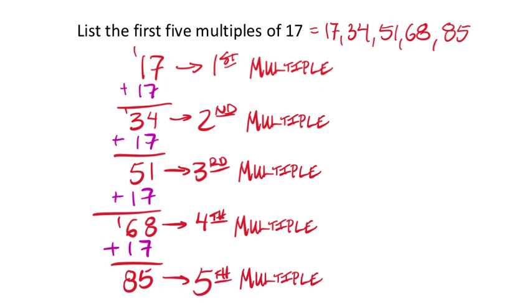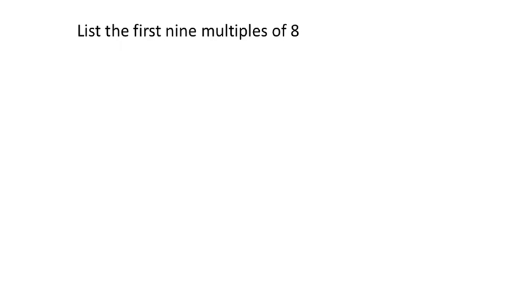Now, if we want common multiples, it's possible that you may have to go beyond this, and that's okay if you do. Okay, so listing the first 9 multiples of 8, well, you can start with 8, and then adding another 8 would be 16.